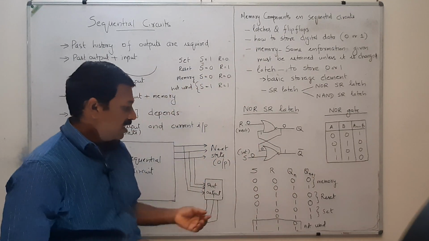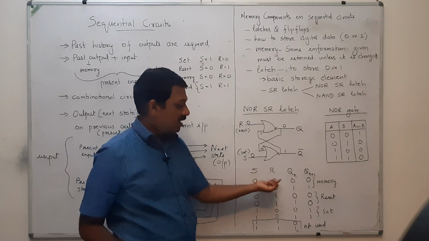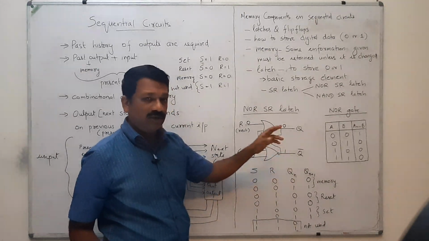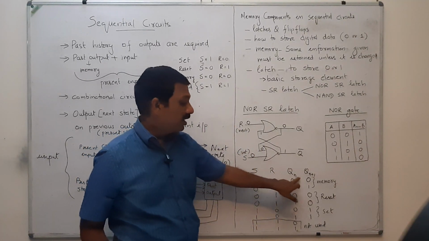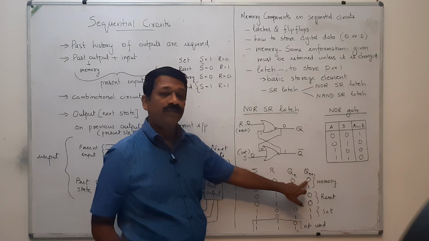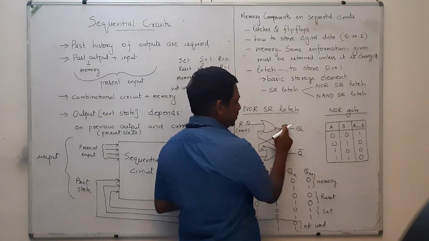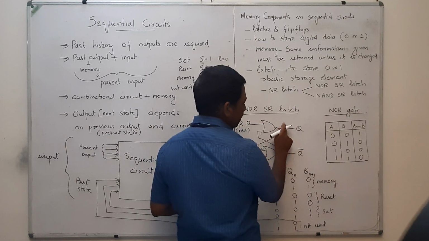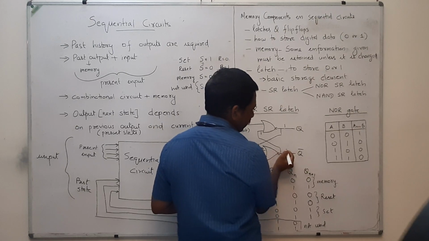If S and R are zeros and Qn, the previous output, is also 0, the next output will also be 0. Suppose instead that the previous output is 1. Then Q bar will be 0.